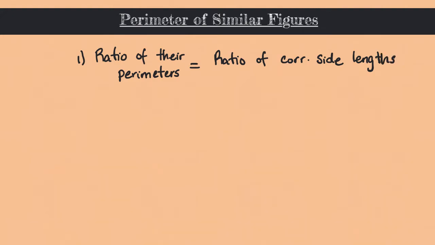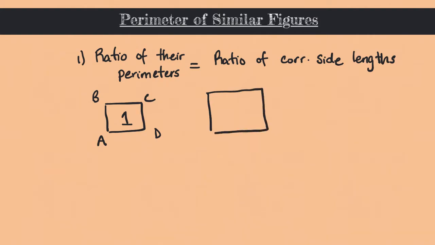Okay, so if we have two figures, let's say two rectangles, the first one labeled A, B, C, D, this is figure number 1, and then we have a second rectangle, a little bit larger but similar to the first, W, X, Y, Z, and this is figure number 2.